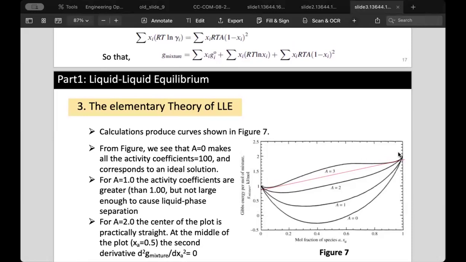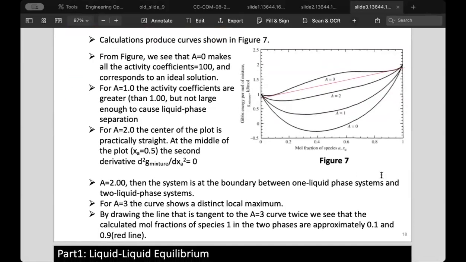Why do we have two stable phases? Because we can draw a line where the line touches the curve 2 times. If we can draw only one slope at each point, then it's only one phase. But once A equals 3, we can draw the line touching this point and this point. That means we can form the liquid equilibrium.